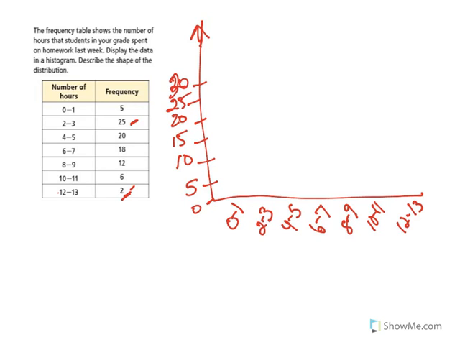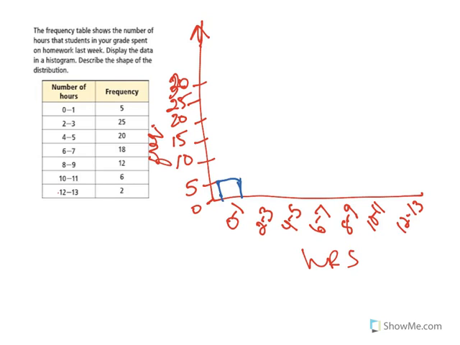Now that we have our axes done, of course we should label these. This is hours, this is frequency. That's sideways cursive, that looks funny, but that's okay. Now let's put it on our graph. From 0 to 1, we had 5. You don't have to color them in, don't have to be too fancy.